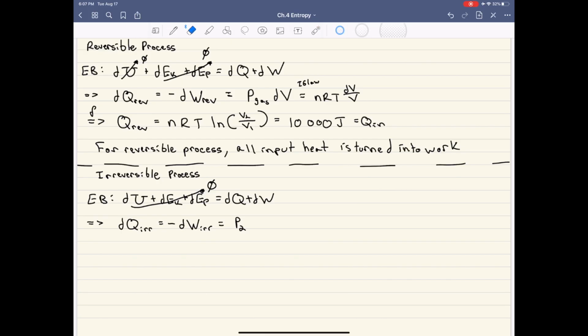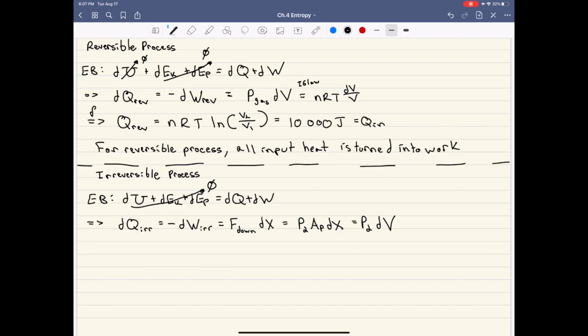Just to make this a little bit more clear, what we get is force times dx, which we could write as pressure 2 times the area of the piston times dx, and we could combine everything so that it's pressure 2 times the area of the piston.